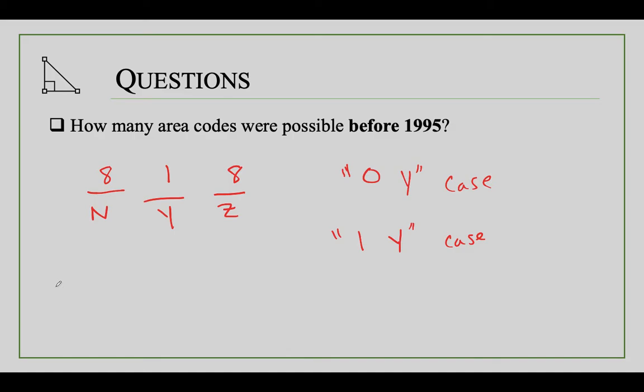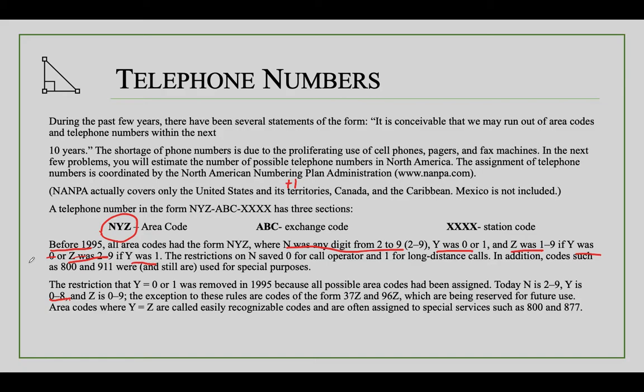Okay, then for my other case, NYZ, I still have that 8 for N. And it said that if Y was 1, Z was only 2 through 9. So 9 minus 2 is 7, plus 1 is 8.